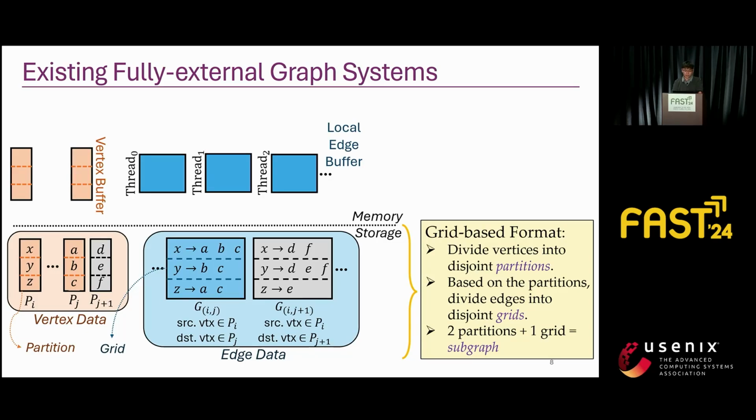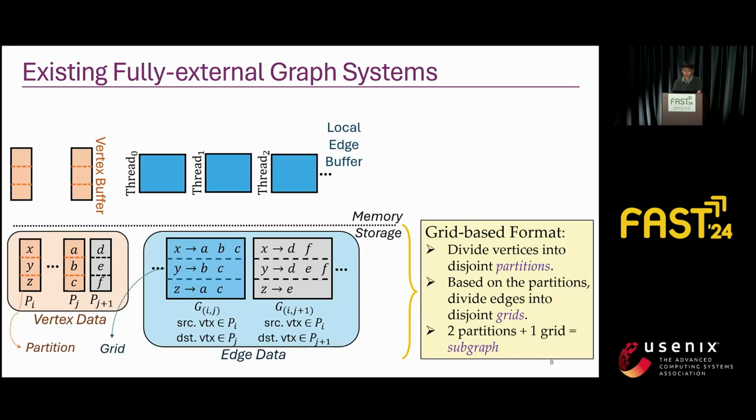Based on the partitioning result, we further divide the edges into disjoint grids. It's worth noting that every edge in a grid shares the same locality in terms of vertex partitions. For example, every source vertex in the grid belongs to one vertex partition, and every destination vertex in the grid belongs to another partition.